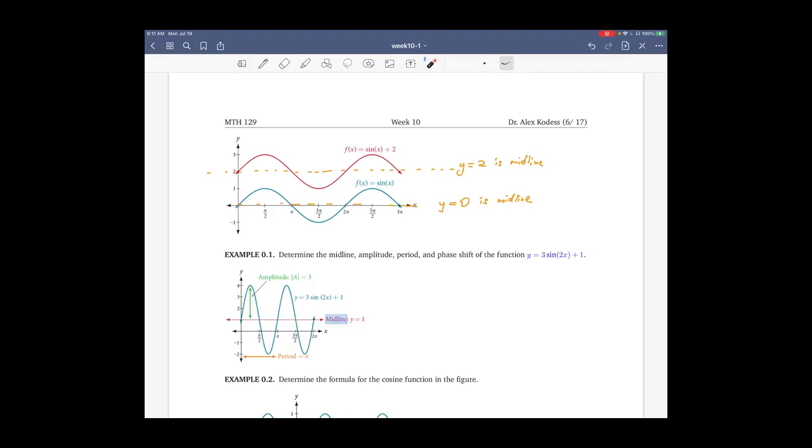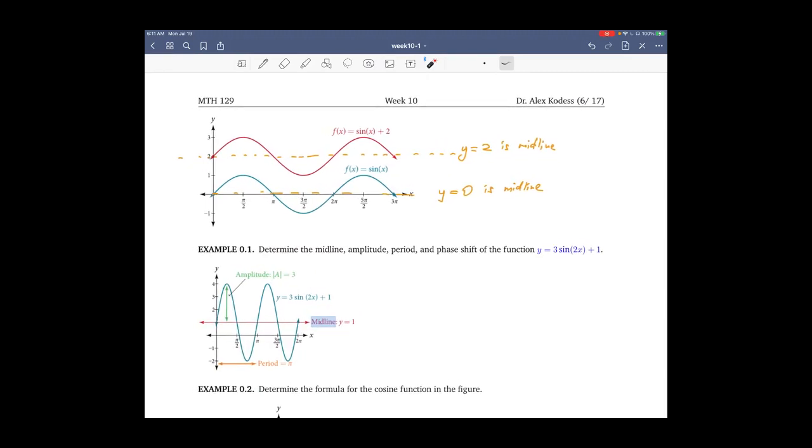In this first example, we need to determine the midline, amplitude, period, and phase shift of the function 3 sine 2x plus 1.